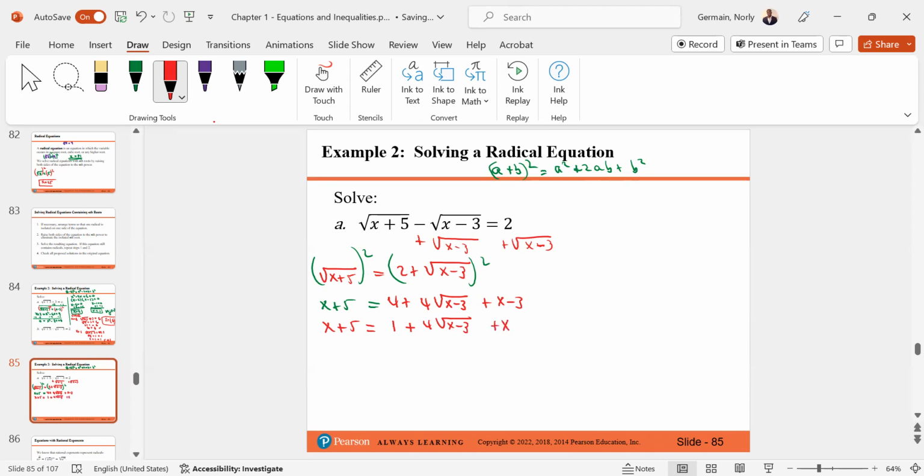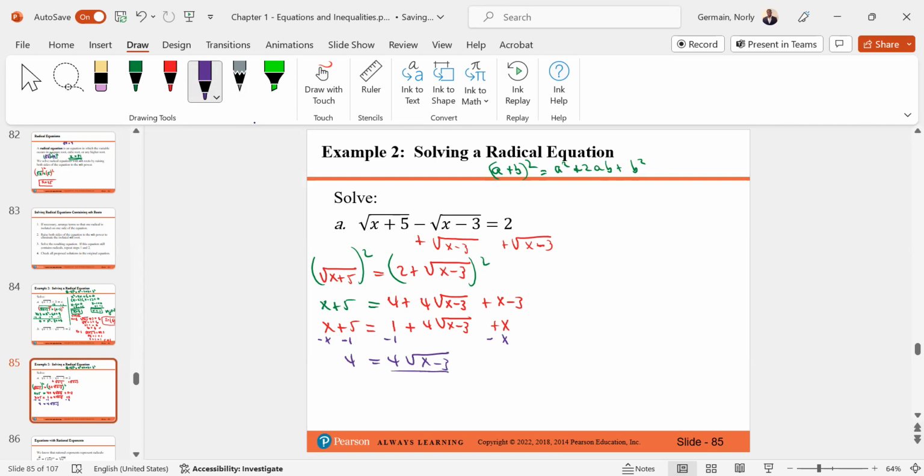Again, we must do it in a way that we have roots only on one side. So what I'm going to do is subtract 1 from both sides and subtract x from both sides. When we subtract x from both sides, x is gone. You see we have 4 equal 4 root x minus 3.